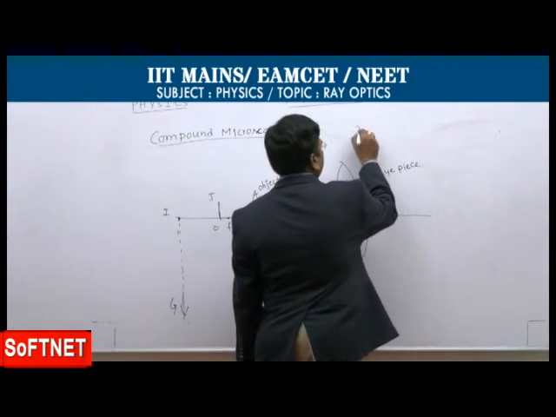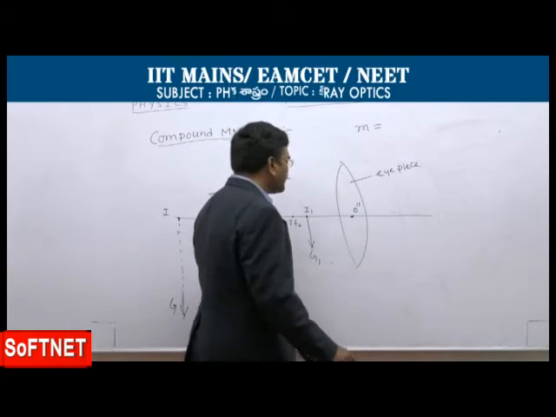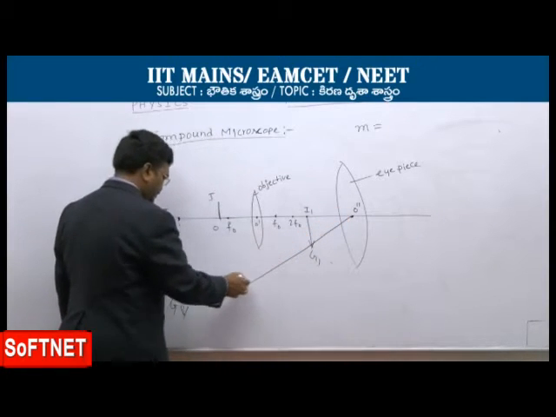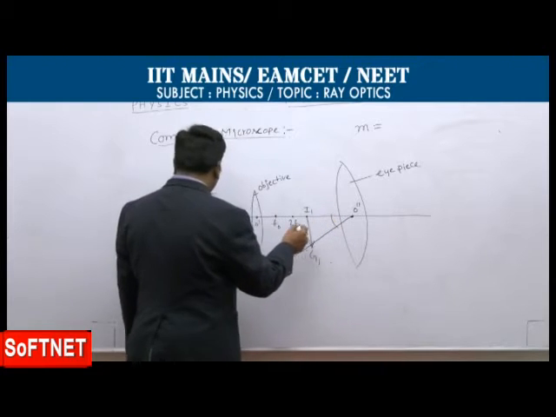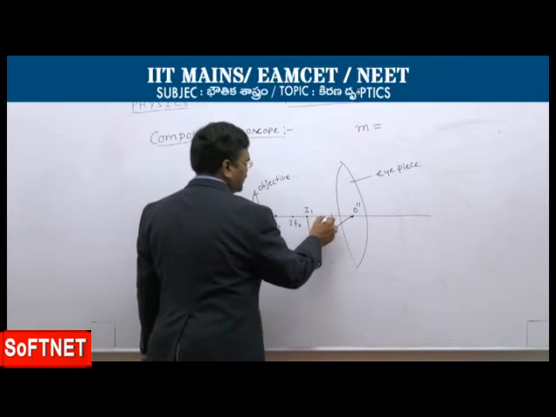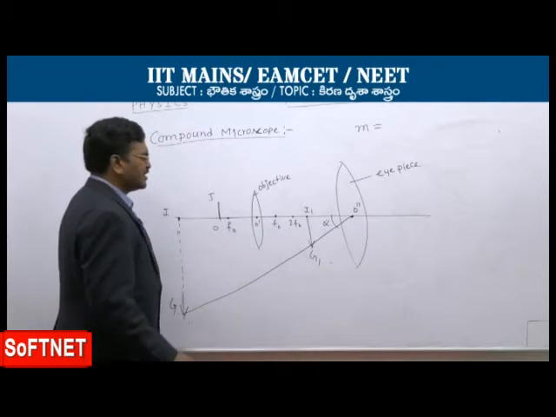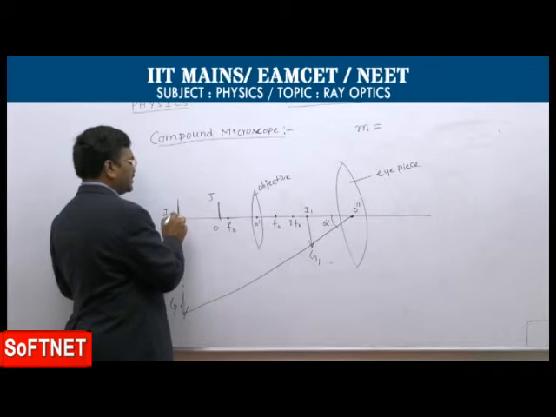Magnification is defined as the ratio of the angle subtended by the image at the optic center when formed at the near point to the angle subtended by the object at the optic center when it is imagined to be at the near point.